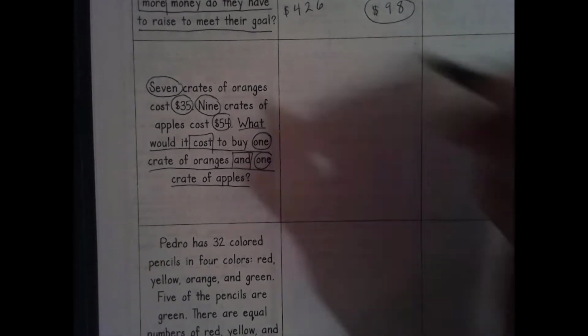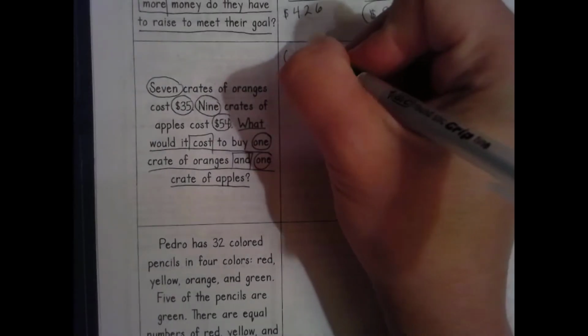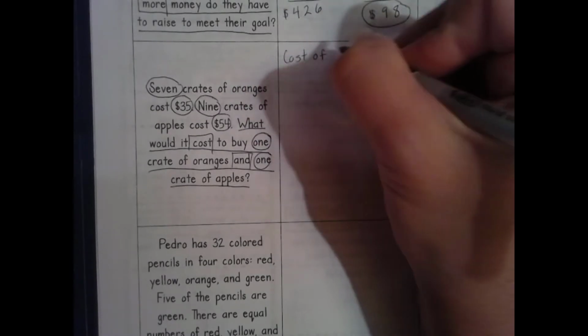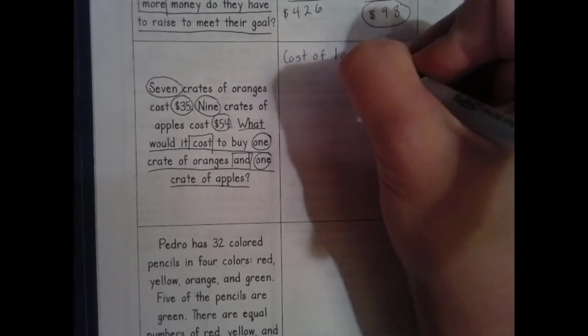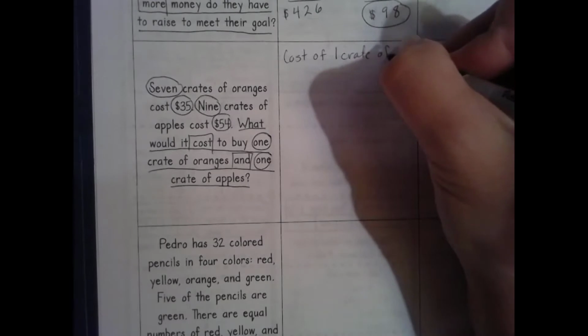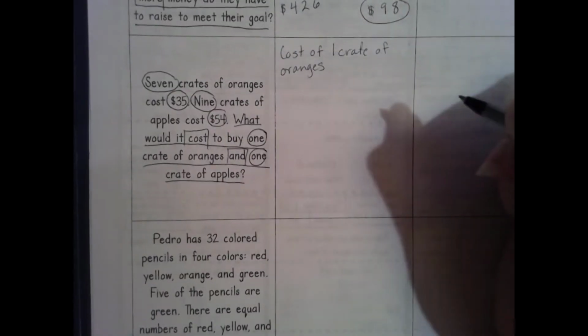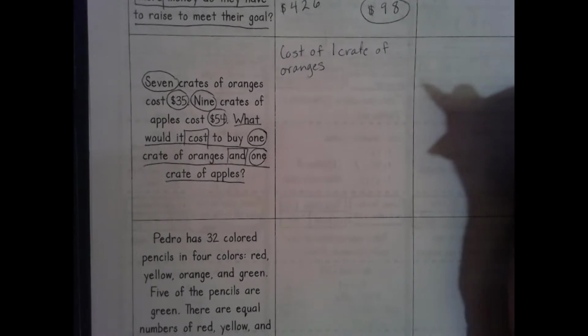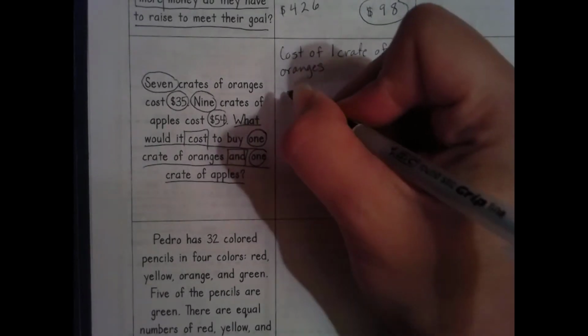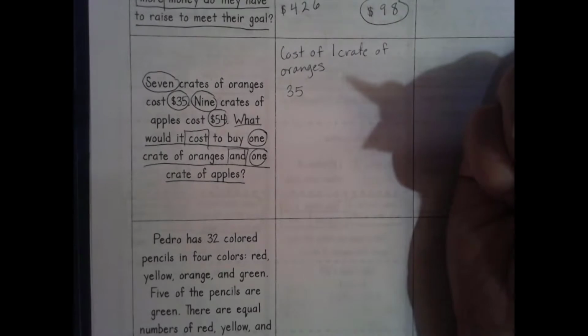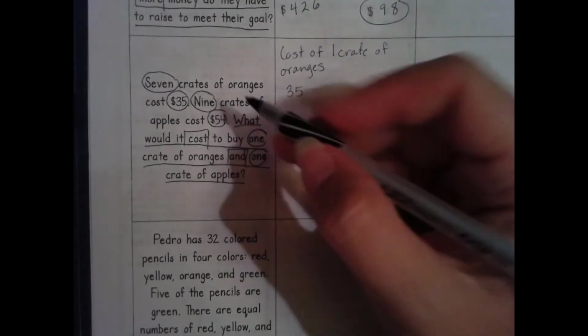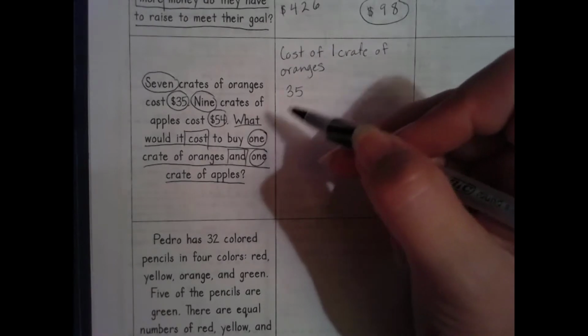First, we have to figure out the cost of 1 crate of oranges. We know the total amount of the 7 crates is $35. And there's an equal amount in each one.